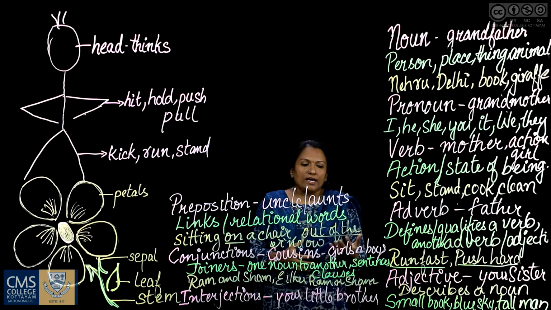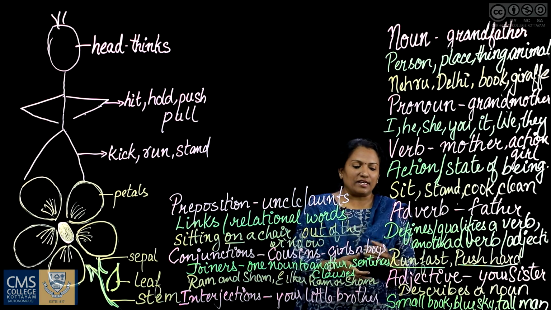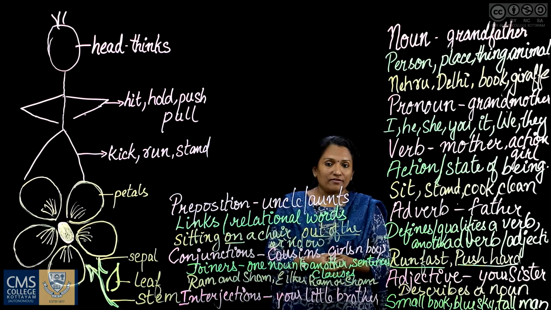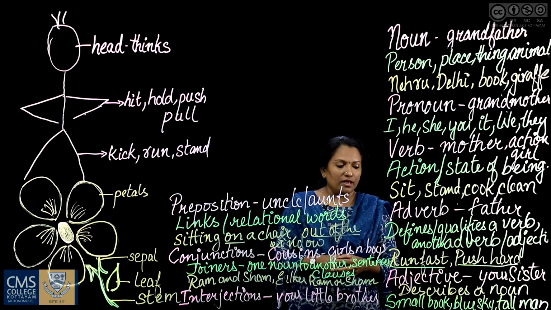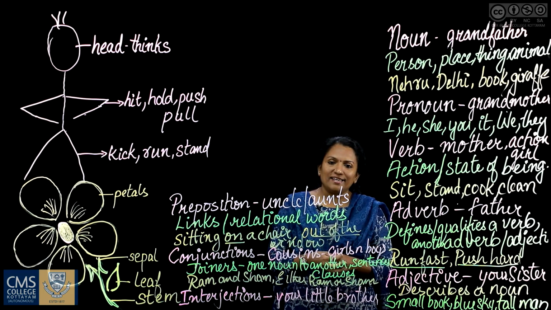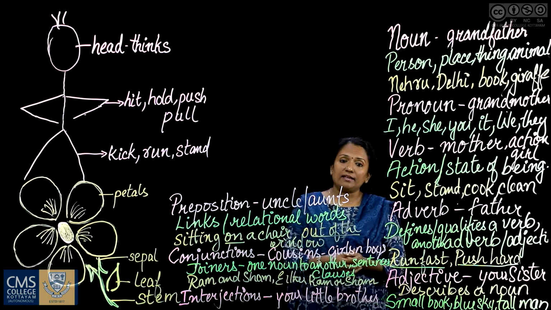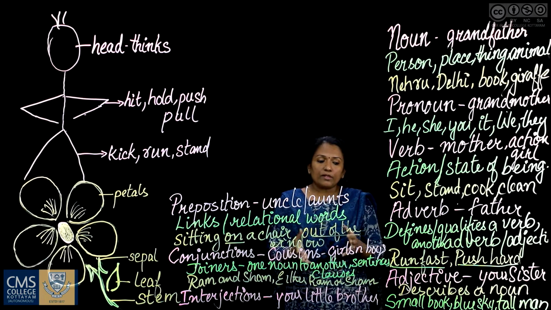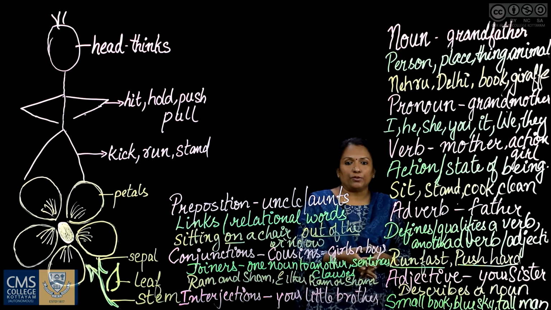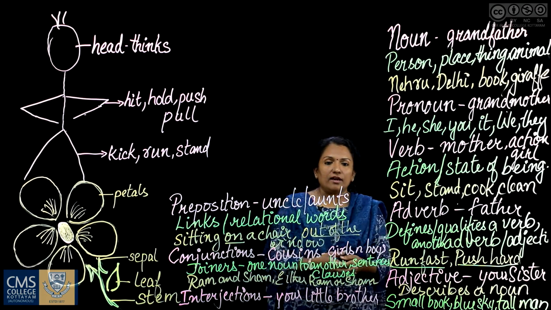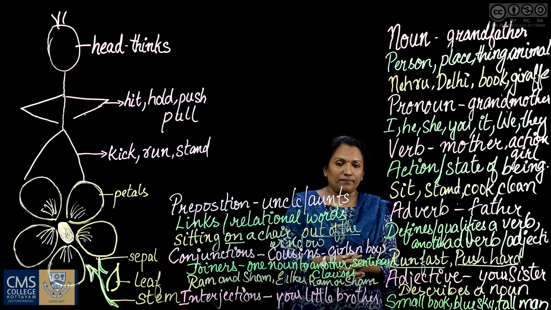And so you have the adjective as a part of speech which describes or qualifies the noun. You can have a small book, you can have a blue sky, you can have a tall man. The tall, the small and the blue define the nouns.